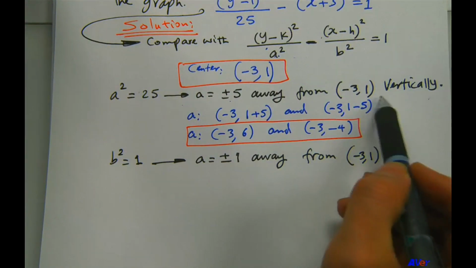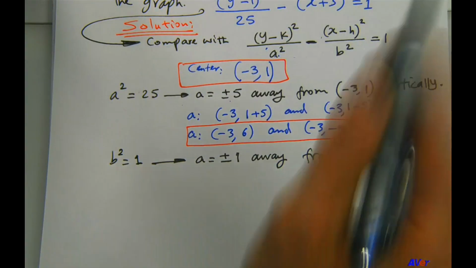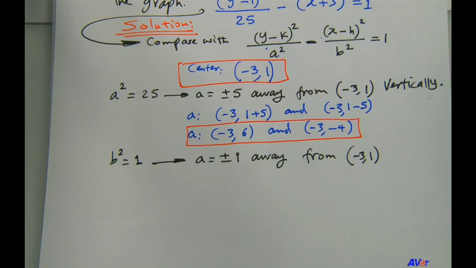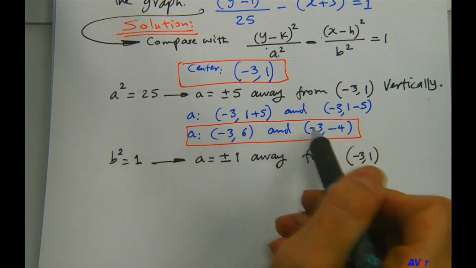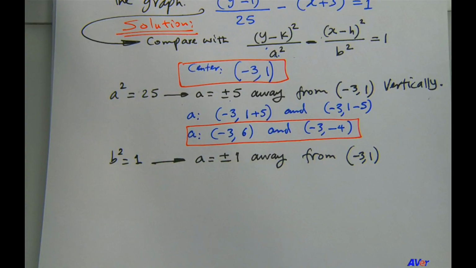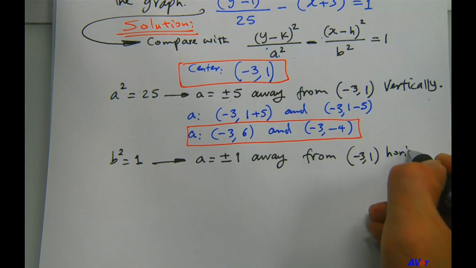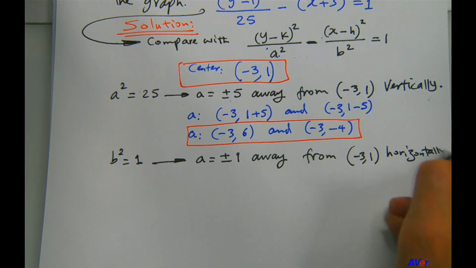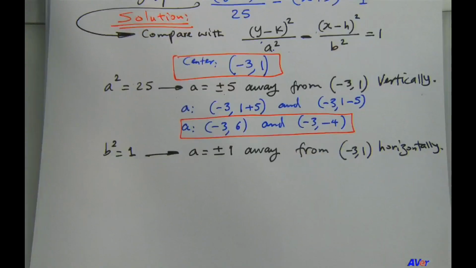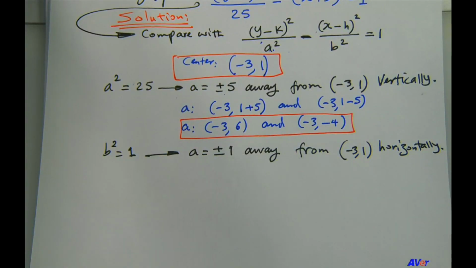Because the vertices are on a line parallel to the y-axis. So the b values should be horizontal, away from the center horizontally.